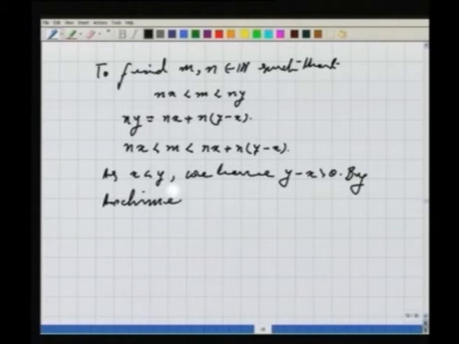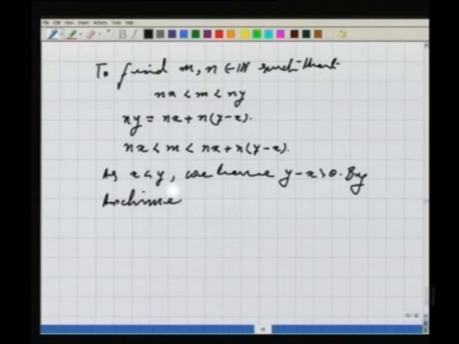Correct, because y minus x is a positive number, 10 is a given real number, then by the statement of the Archimedean property there is a natural number n such that n into y minus x is bigger than 10. But this in turn implies that nx plus n into y minus x minus nx is bigger than 10.